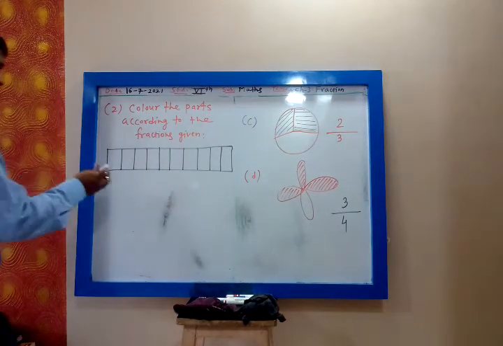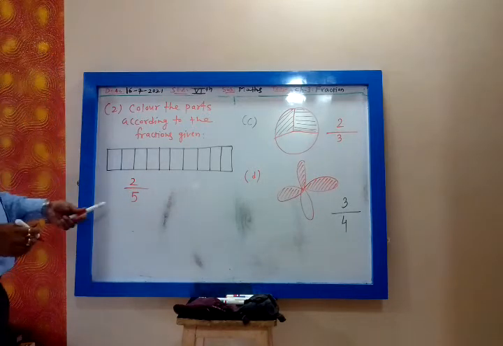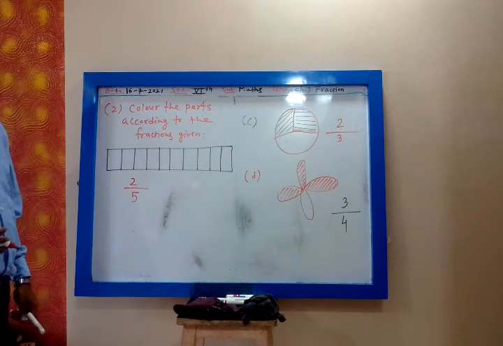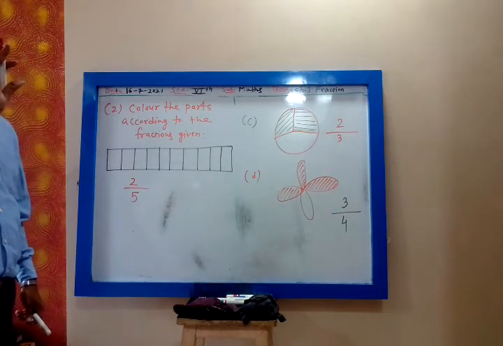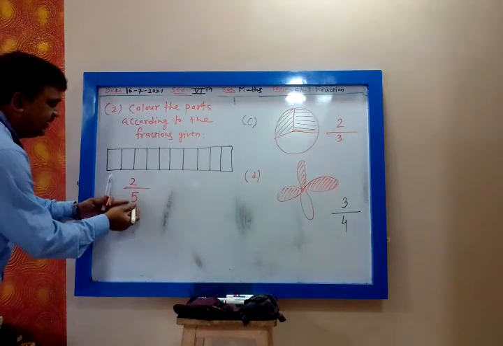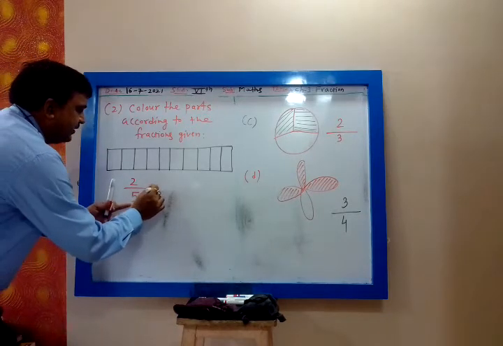And the fraction given is 2 upon 5. But my dear, total how many parts are there? 10 parts. And what is my denominator? 5. So this 5 I have to convert into 10.